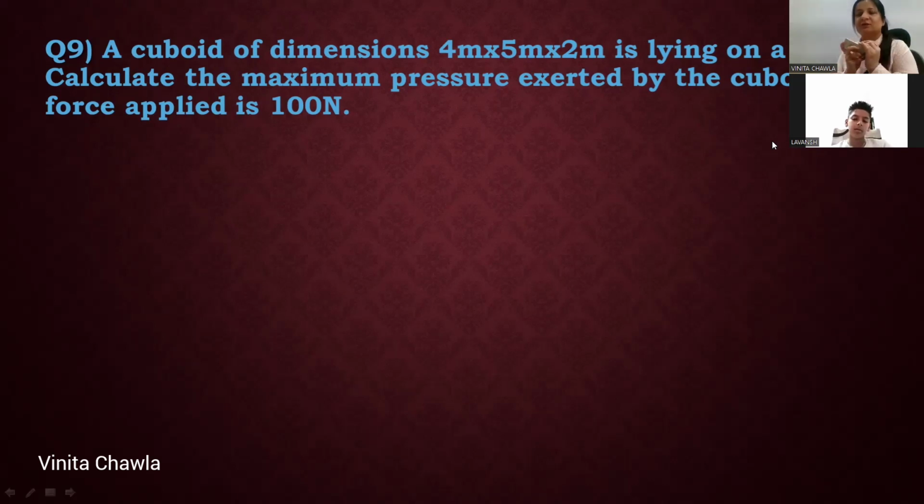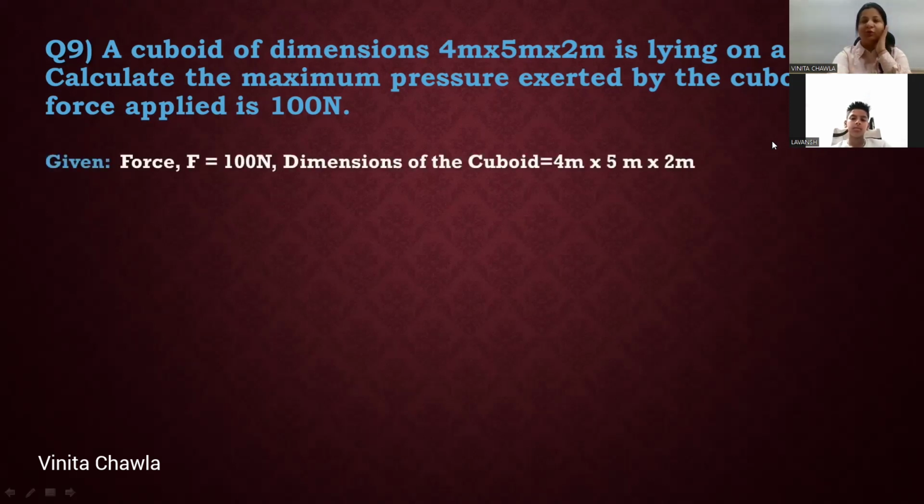So what dimensions should we take to get minimum area? 4 and 2. The dimensions of the cuboid are given, force is given, and we have to find the maximum pressure exerted.